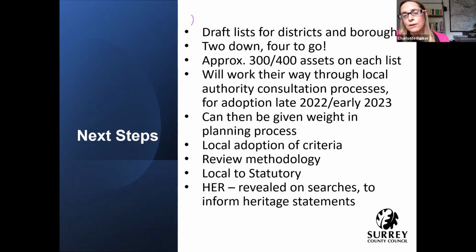One of the other aspects of this is that as part of the project, Historic England has put in place this sub-project called Local to Statutory. They anticipate that quite a few assets coming through this process will be elevated or put forward for statutory listing. I have come across quite a few, and so I think that's something that we will be doing as part of this project. If they're not statutory listed, they will remain on the local lists.